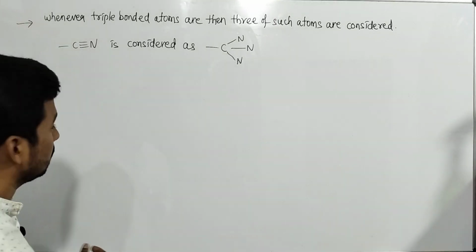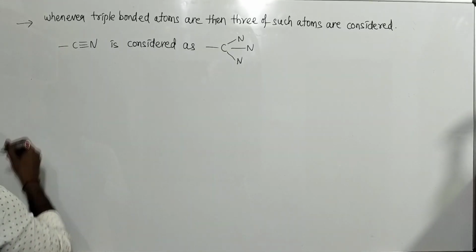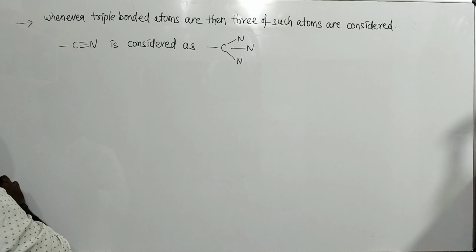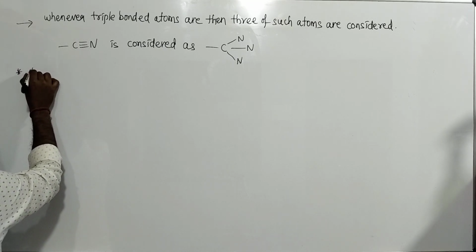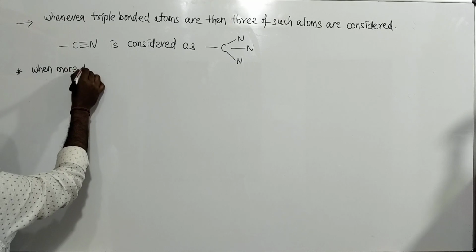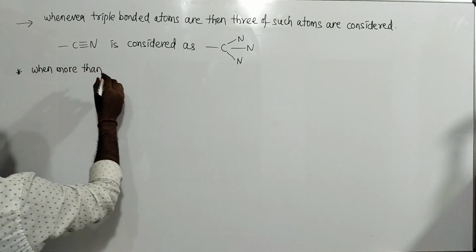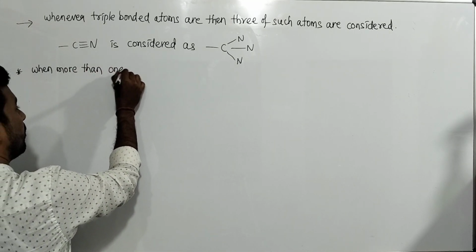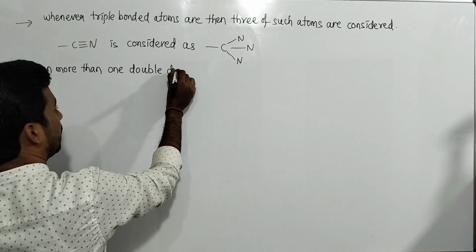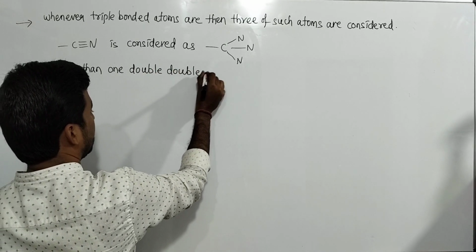how to calculate the number of geometrical isomers when more than one double bond is present.